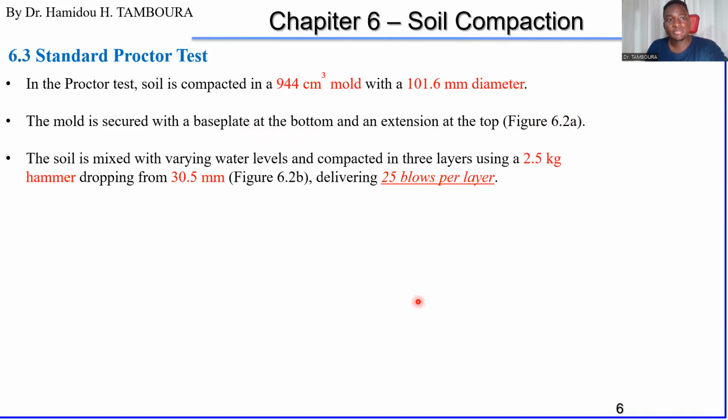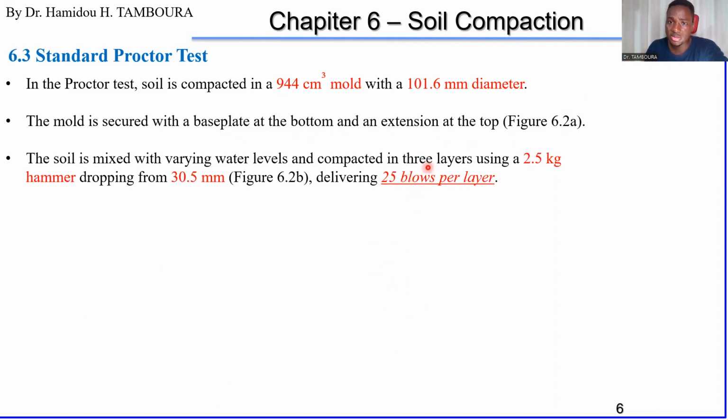So the soil is mixed with various changing the water content of the soil. So varying the water level, and the soil is compacted in 3 layers.